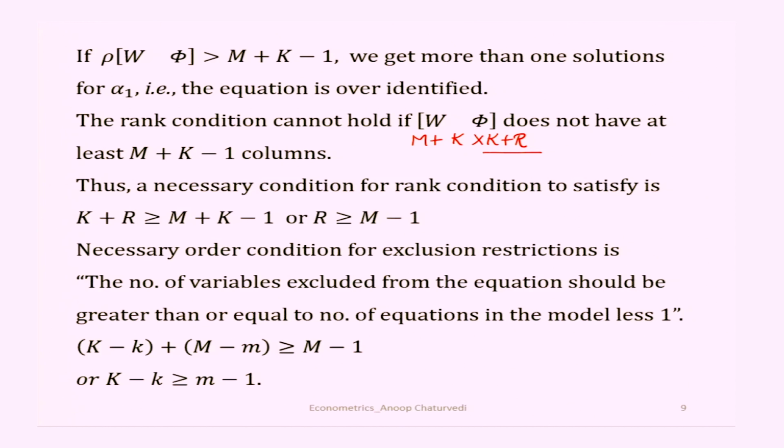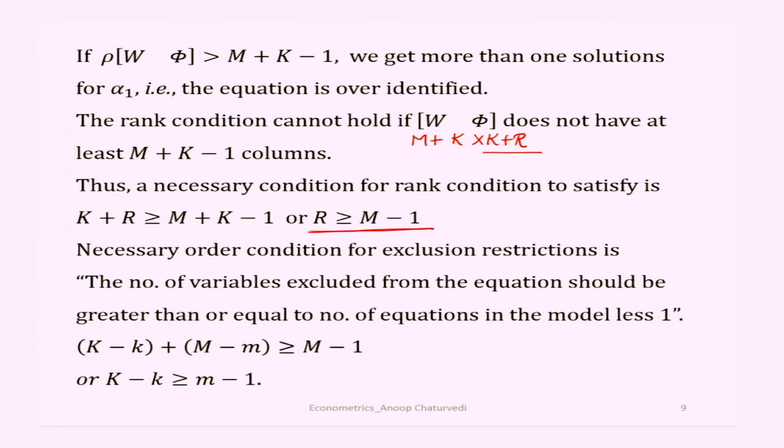Otherwise, rank condition will not be satisfied. So, a necessary condition for rank condition to be satisfied is k plus r greater than or equal to m plus k minus 1, or r is greater than or equal to m minus 1. So, you get this necessary condition.